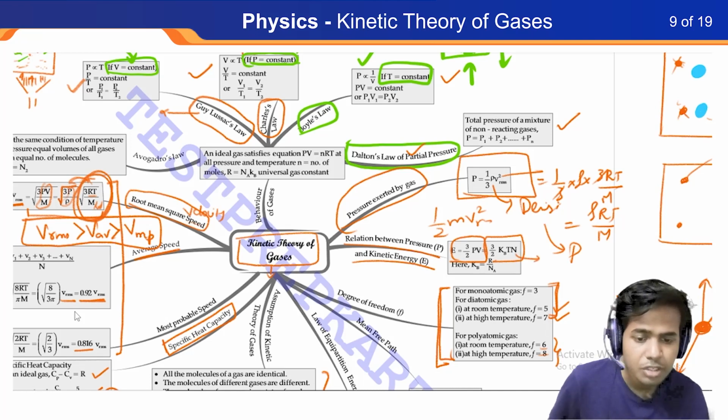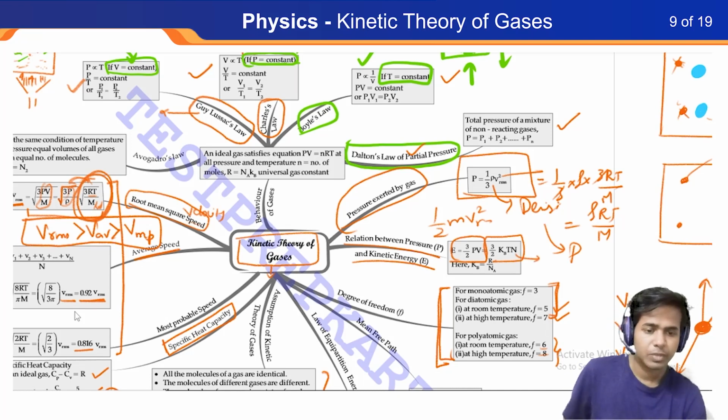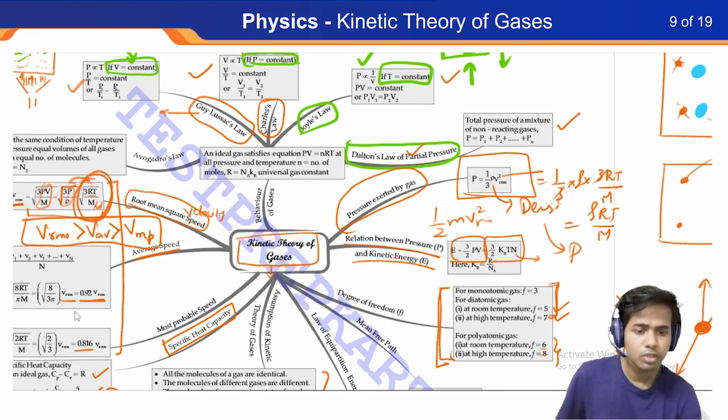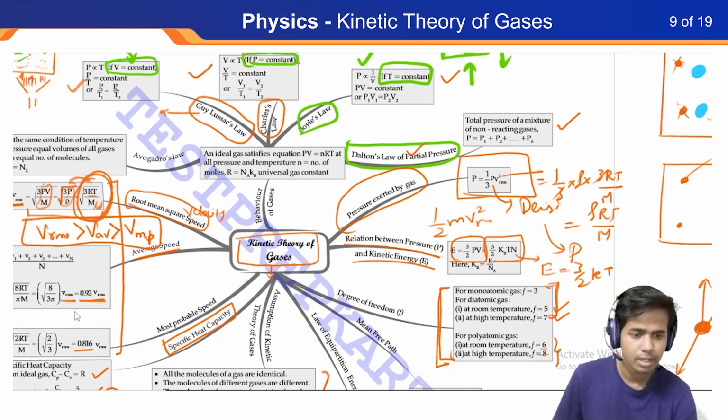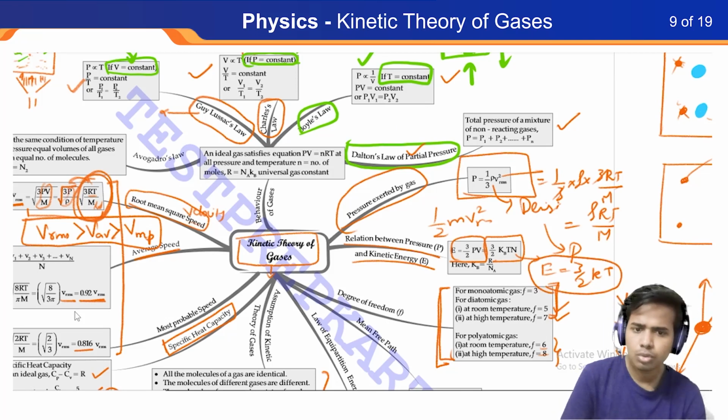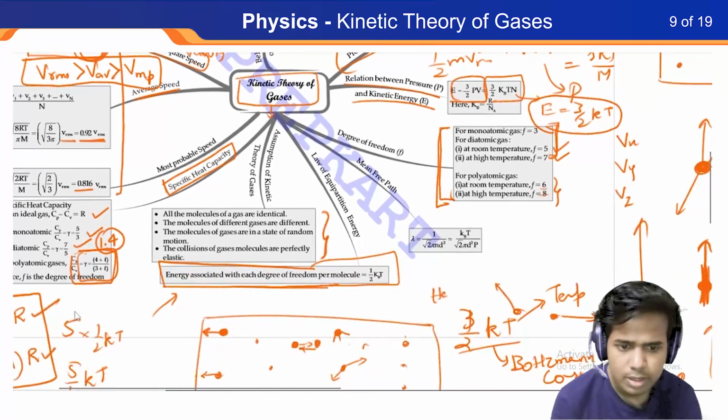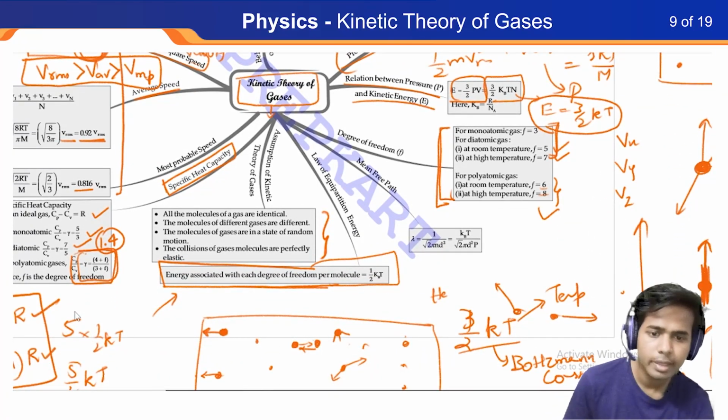If you want the energy for an individual atom, that will be E is equal to 3 by 2 kT. As simple as that.